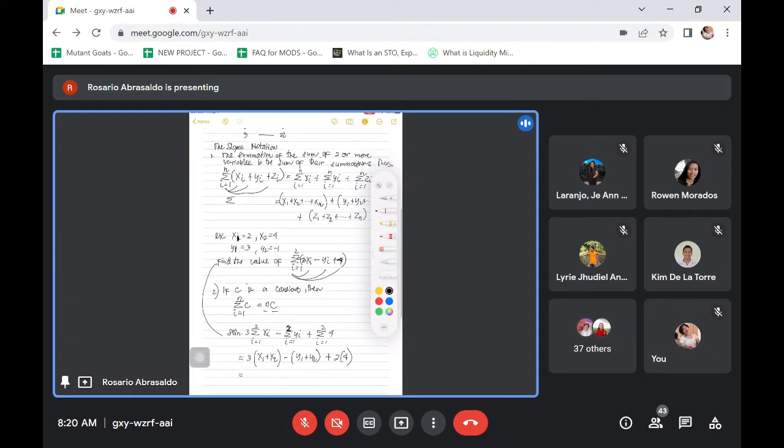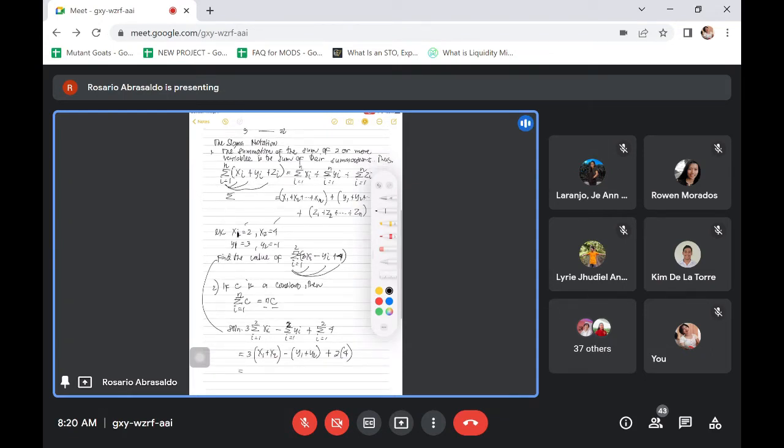Since we have the values of x sub 1, x sub 2, y sub 1 and y sub 2, we substitute: 2 plus 4 minus y sub 1 is 3, minus 1 for y sub 2, plus 8.